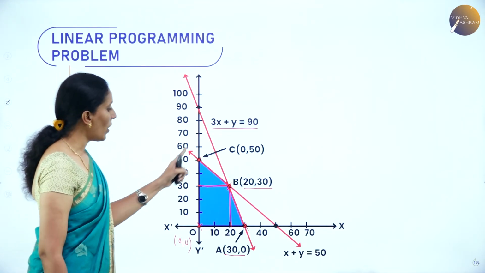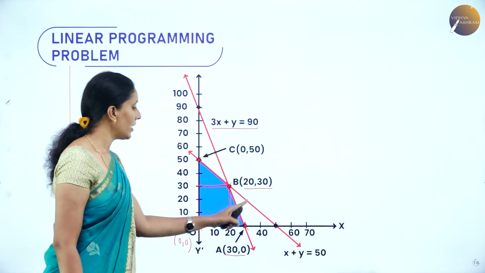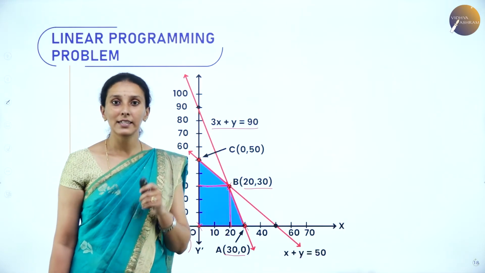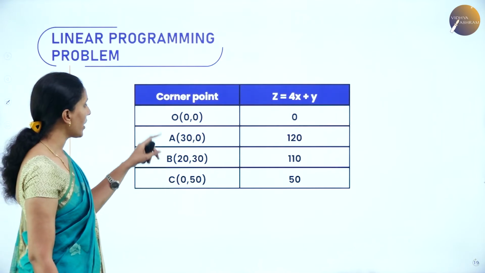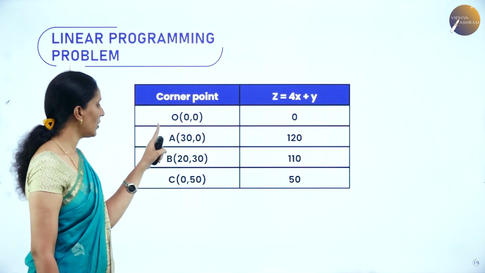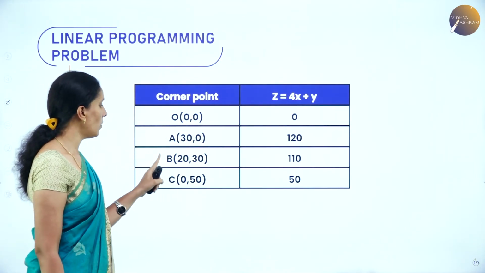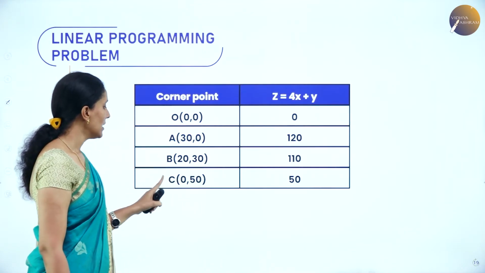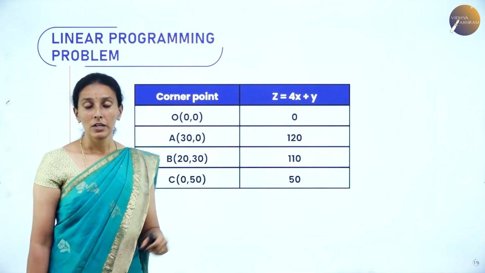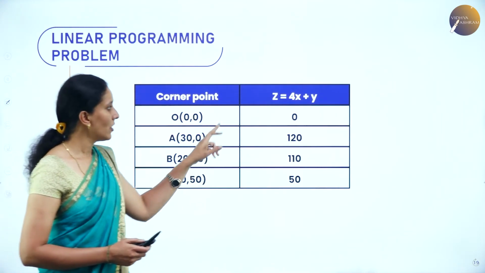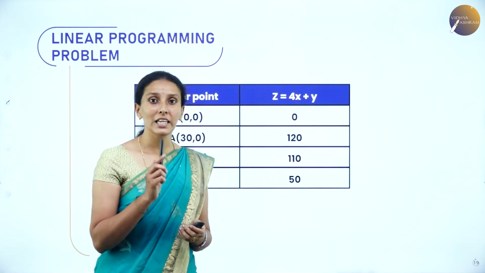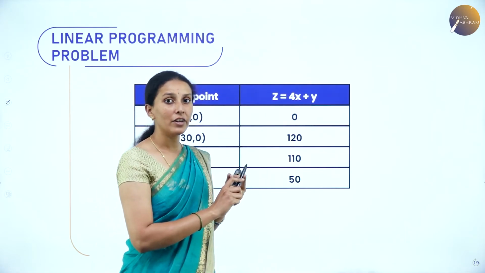Now once you find the coordinates of all the corner points, substitute in a corner point table. O (0, 0), A (30, 0), B (20, 30), C (0, 50). Once you have written all the corner points, the next thing is you are going to write your linear function. What is the linear function here?